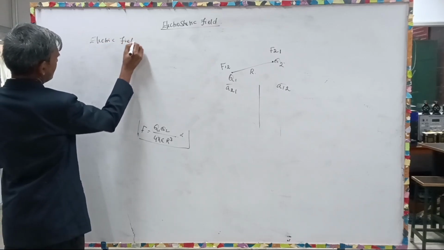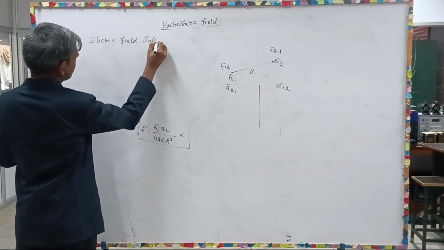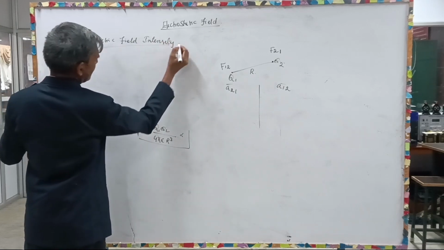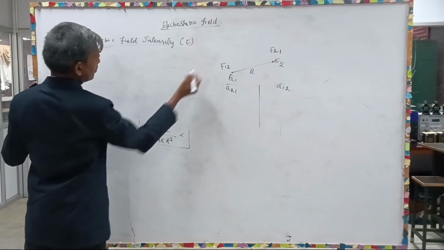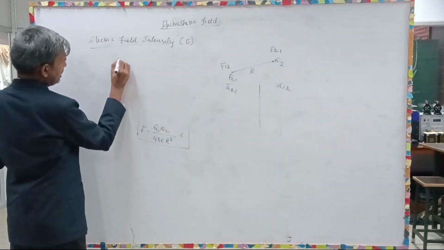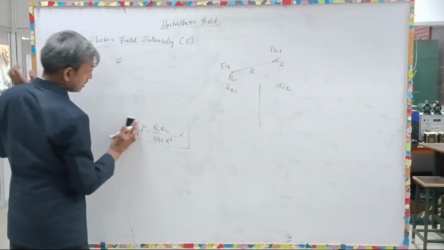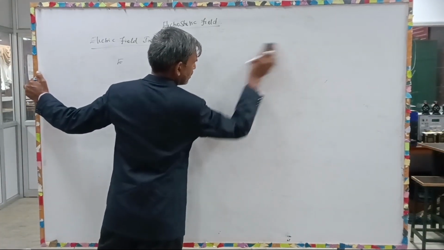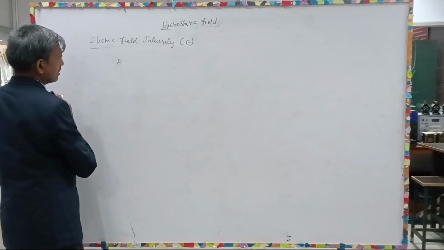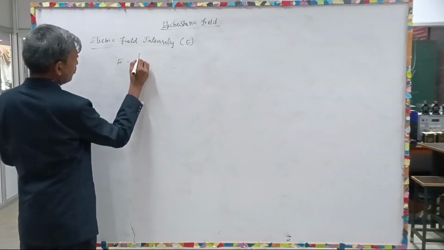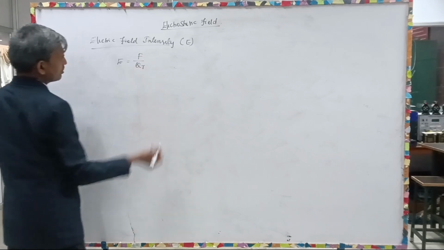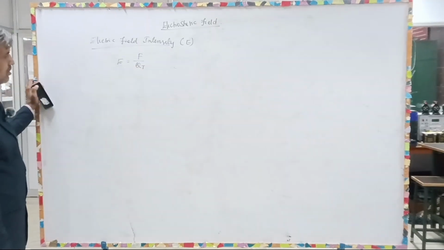The electric field intensity is denoted by E. E is equal to force per unit charge.